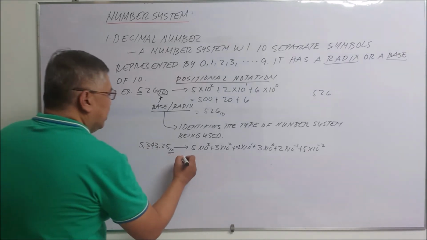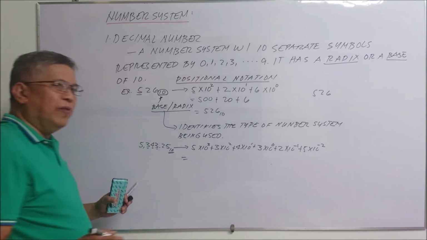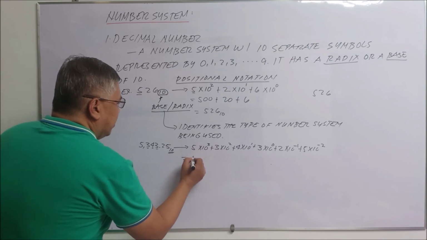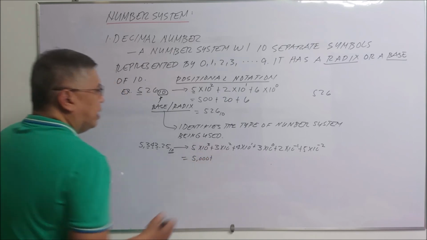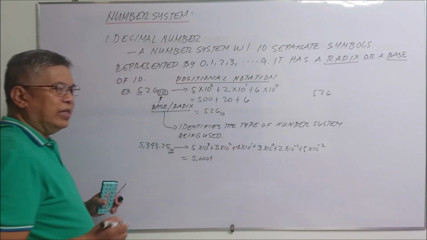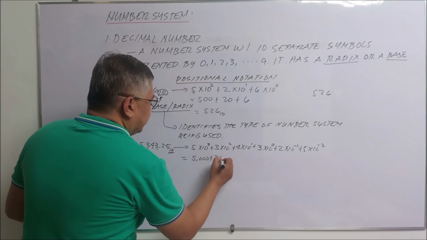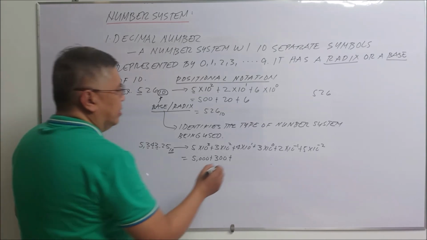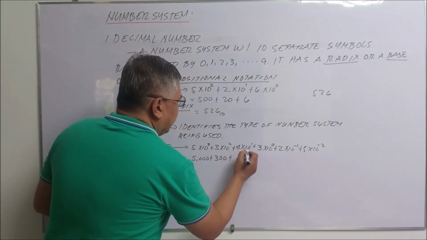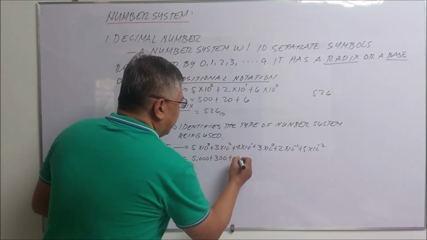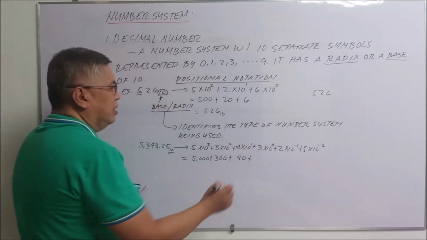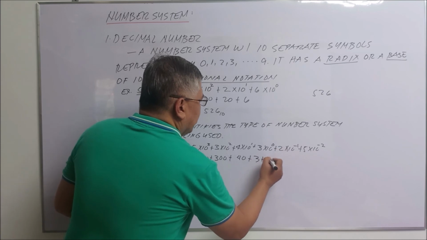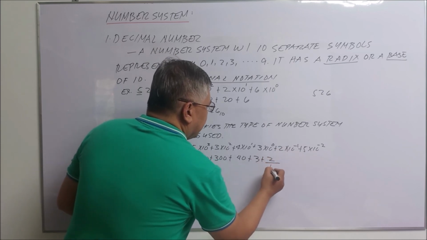So, if we obtain the corresponding value of this, it will be what? 10 to the 3 is 1,000 times 5 is 5,000, plus 10 squared is 100 times 3 is 300, plus 10 to the first is 10 times 4 is 40, plus 10 to 0 is 1 times 3 is 3, plus 2 over 10 to the first.